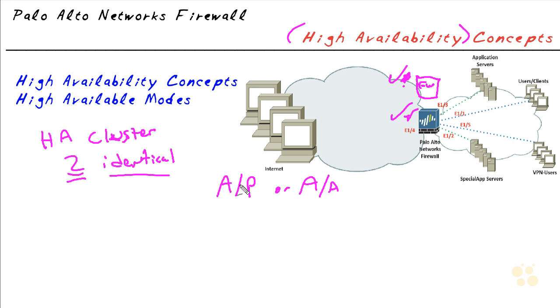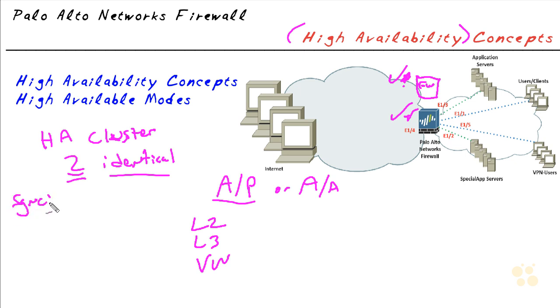Okay? So active-passive can work in layer 2 mode, layer 3 mode, or my virtual wire mode. So only one device at this point processes traffic at any given time. There's going to be synchronization.